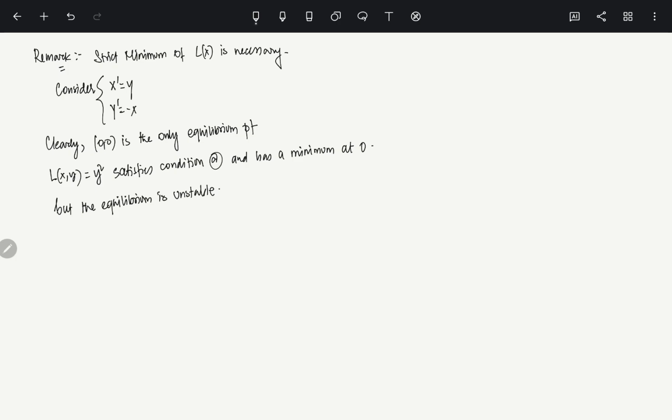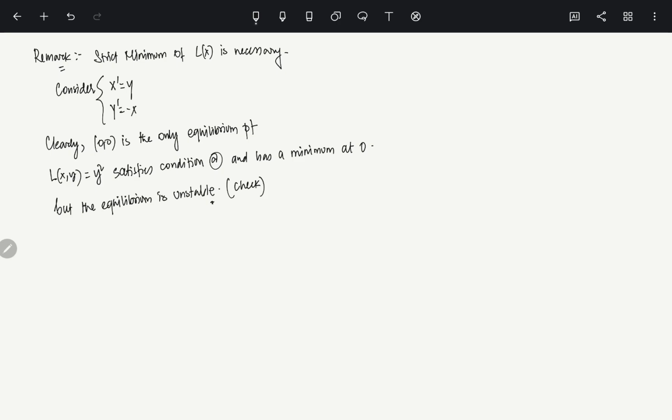How do you prove it? Please look at the eigenvalues. It is a constant coefficient linear system. You can write down what the matrix A is and check the eigenvalues, and then you can see that the equilibrium is unstable. If both are negative, then you have a stable equilibrium.